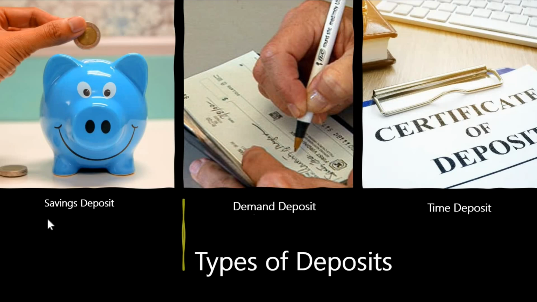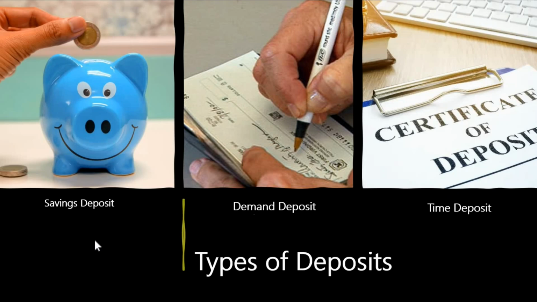So we have here the types of deposits. We have the savings deposit, a demand deposit, and a time deposit. This savings deposit is an interest-bearing deposit. Usually, a depositor will be given a passbook as an evidence na meron siyang deposito sa bangko na yan.